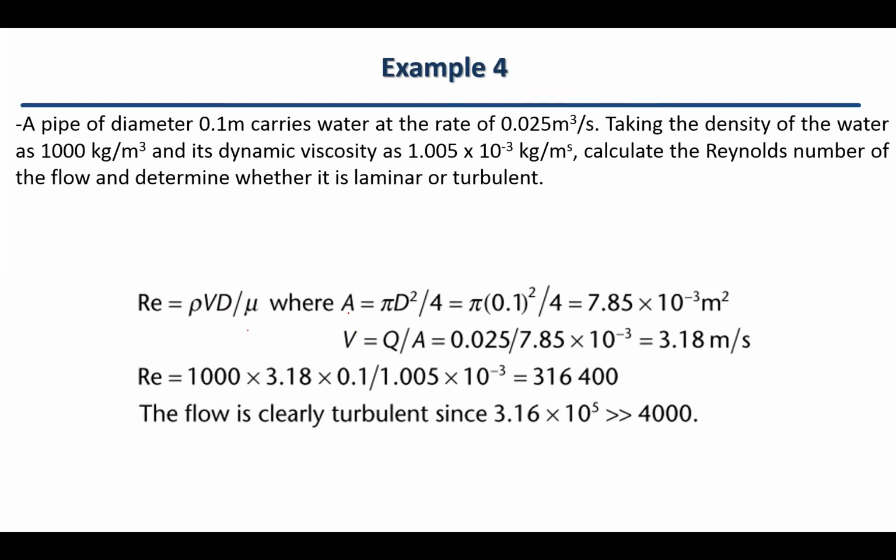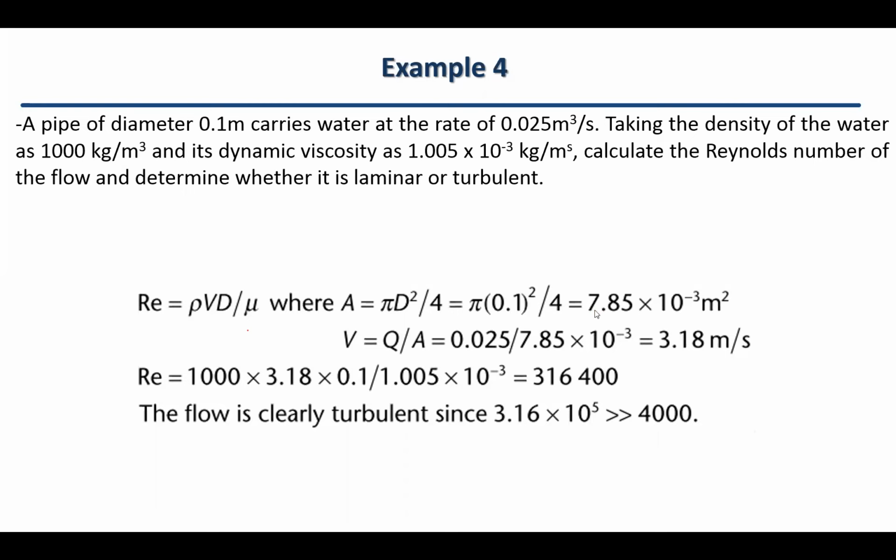So we use the area, pi d squared over 4, where d is 0.1, squared, over 4. The area is calculated here, which is equal to 7.85 times 10 to the minus 3 square meters.